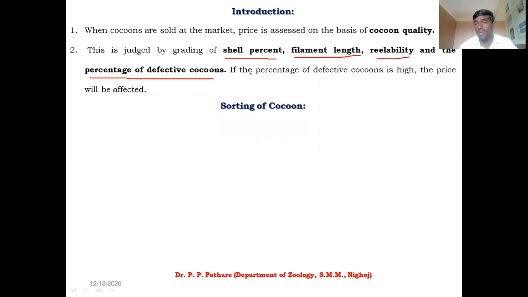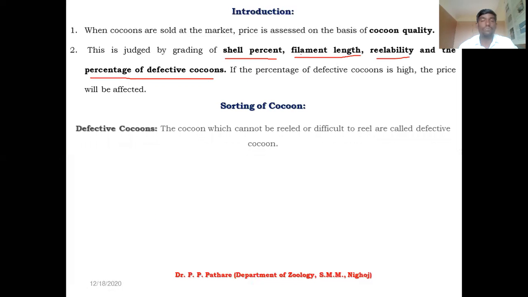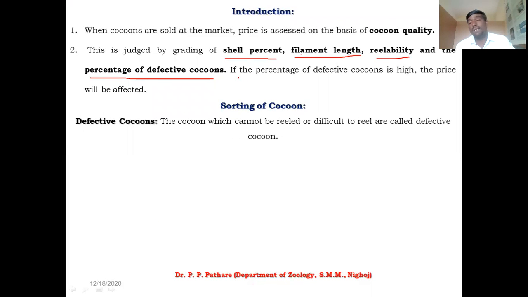So it is your duty to sort out all the cocoons before marketing, before you sell your cocoon at the market. So let us start how to sort your cocoon on the basis of quality characteristics. In that, the first one, which is very important, is defective cocoon.